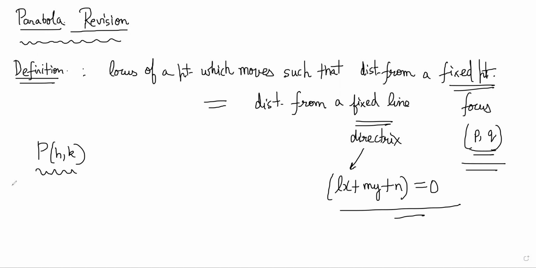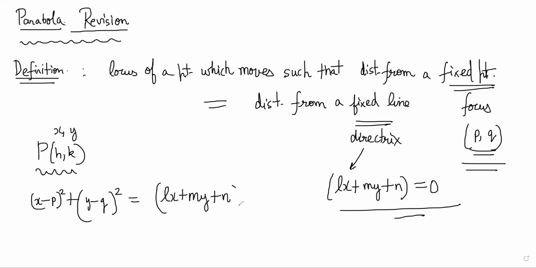You can use x and y instead of h comma k, and you will get the equation: (x minus p) whole square plus (y minus q) whole square, square root, is equal to (lx plus my plus n) by the square root of l square plus m square. So we'll square it, and that will be (lx plus my plus n) whole square by l square plus m square, right?